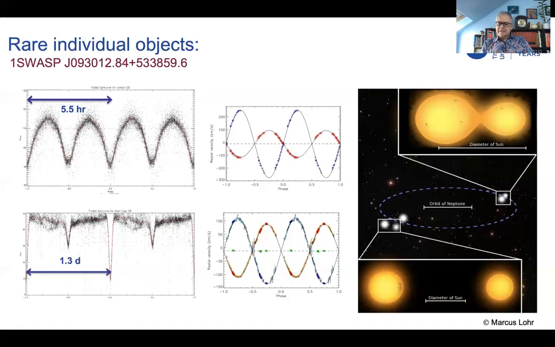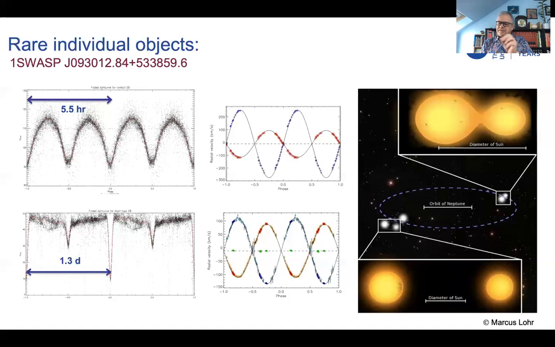So that eclipsing binary star with the detached stars was actually a triple star. So there's 2 stars orbiting around each other every 1.3 days, and a third star that's presumably orbiting around that binary with a much longer period, maybe years or more, that we couldn't detect on the timescale we were looking.